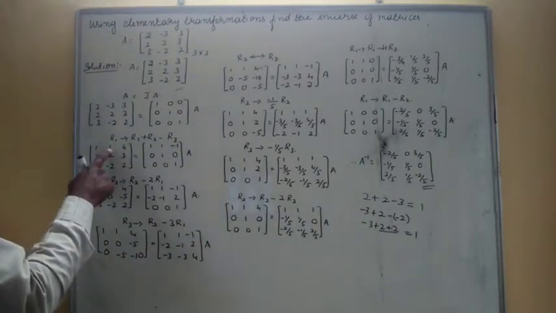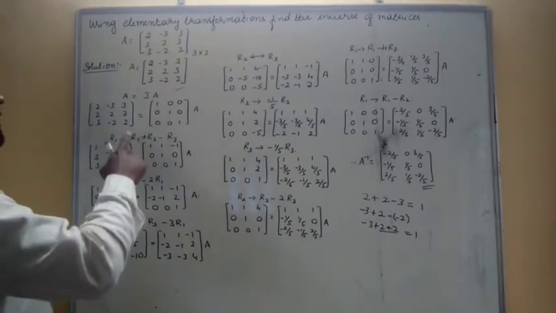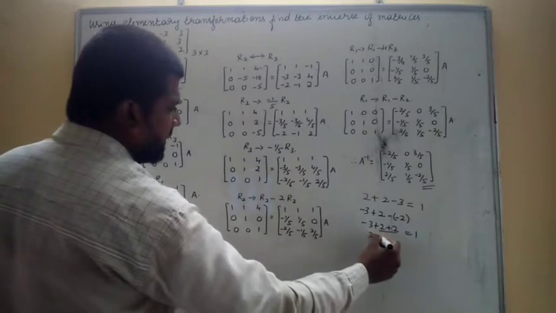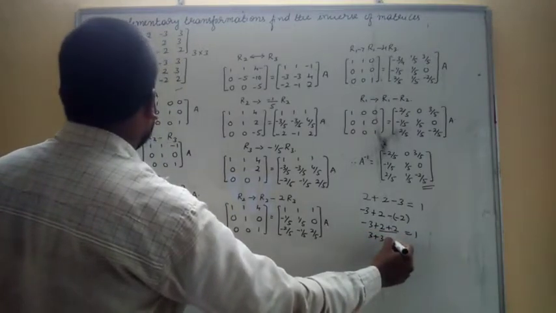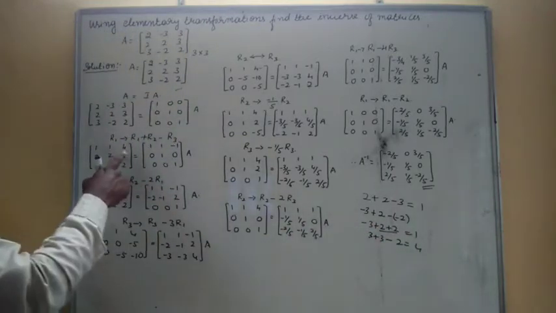The third element: 3 plus 3 is 6, 6 minus 2 is 4. So we have written 4 here.